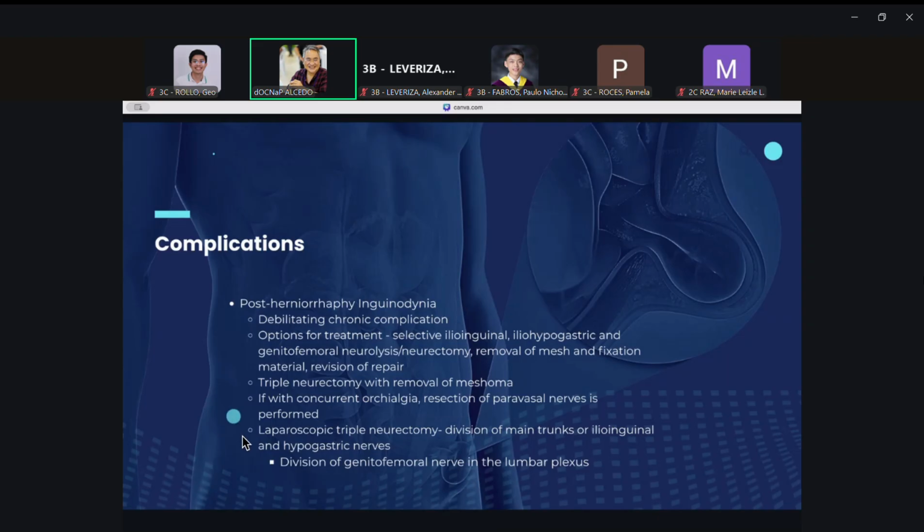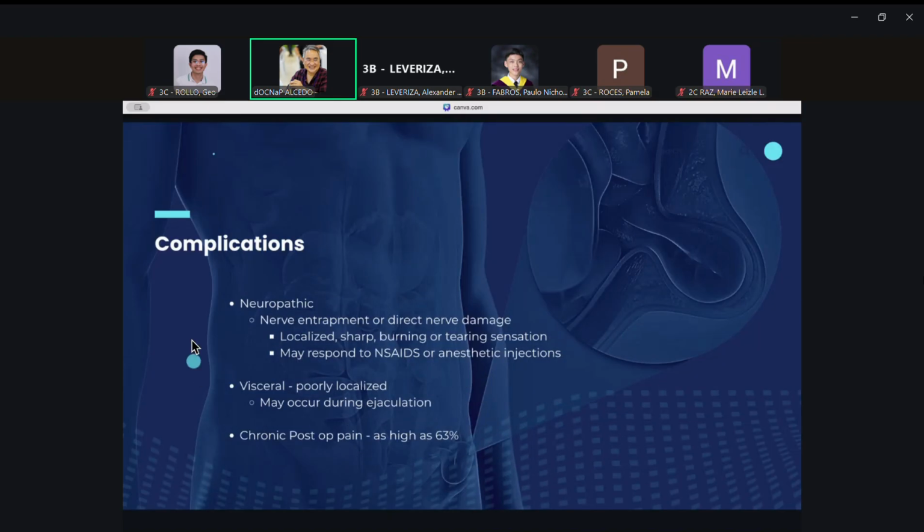Of course, prevention is key to avoiding these complications. So it can be neuropathic, again, visceral, or, as I said, 63% chronic post-op pain.